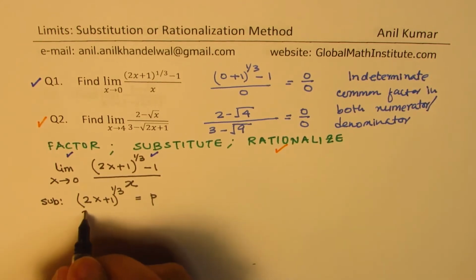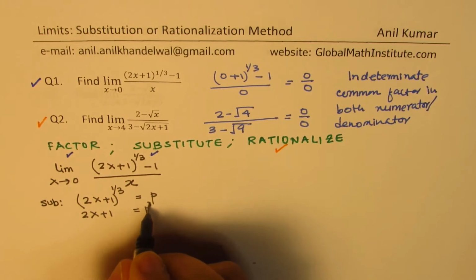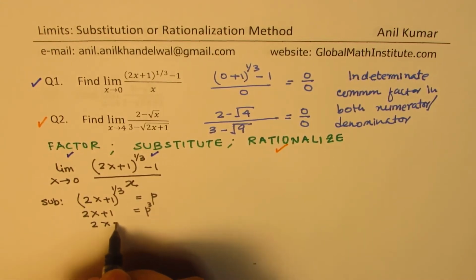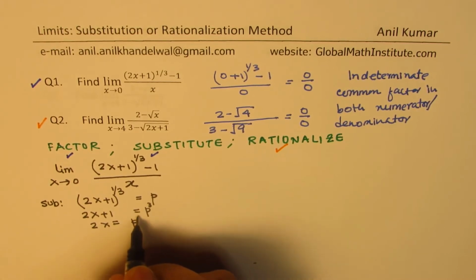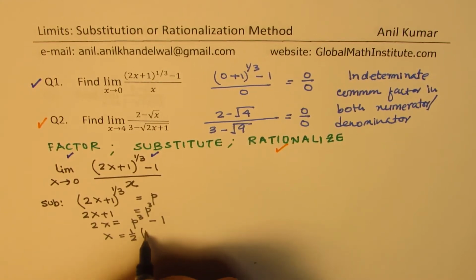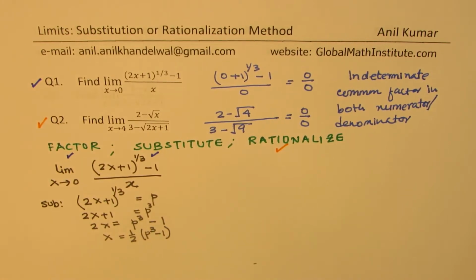In that case, 2x plus 1 is equal to p cube, and so we could also write this as 2x equals p cube minus 1, or x is half of p cube minus 1. Okay. So we replace the variable.